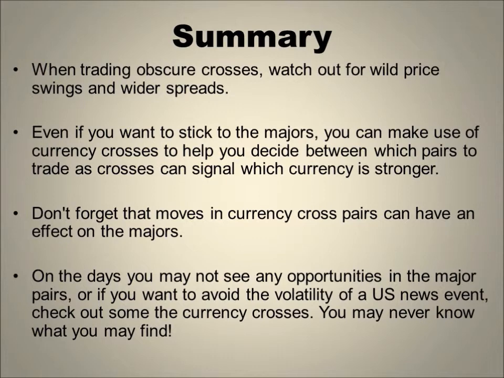So here's what we've learned. We learned that trading obscure crosses can hurt us because it's very difficult to monitor the market, and it's very difficult to use technical analysis when we're dealing with obscure crosses. Too many spikes. So it's best to not get involved with the obscure crosses.